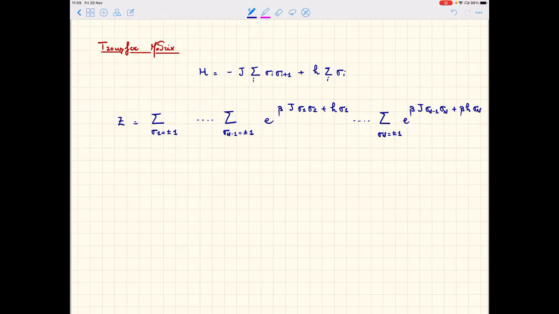So now we perform the summation explicitly over sigma n. What do we get?